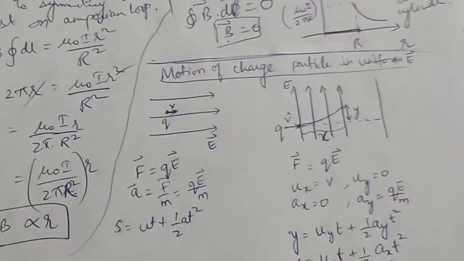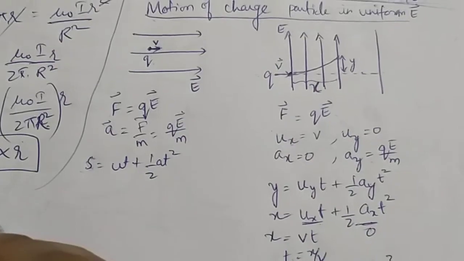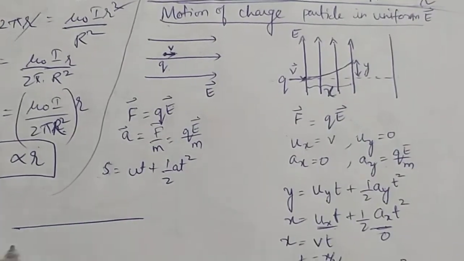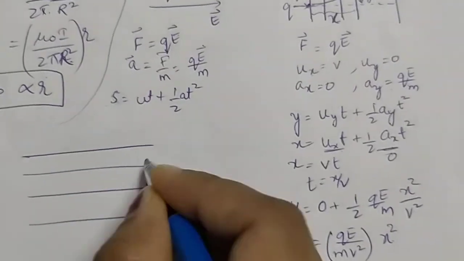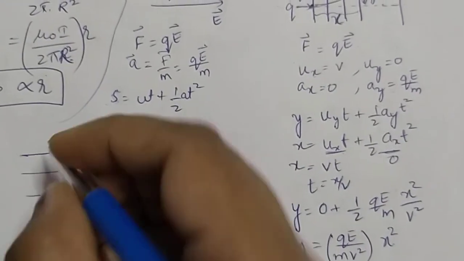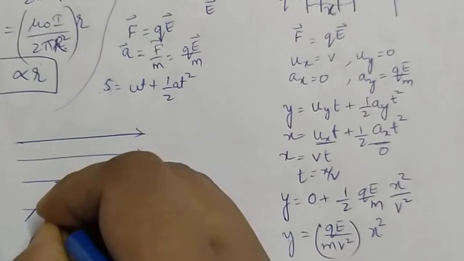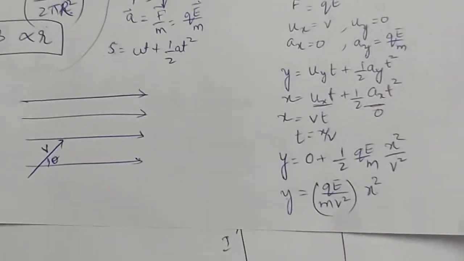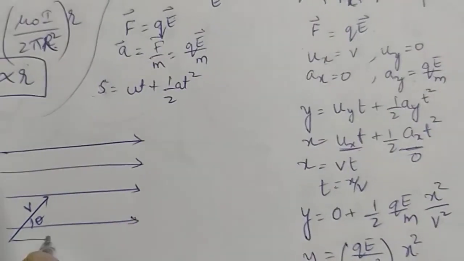Now suppose this is the direction of a uniform electric field, and instead of the charged particle entering perpendicular, it enters with some angle theta, with velocity V. Now we can resolve this into two components.